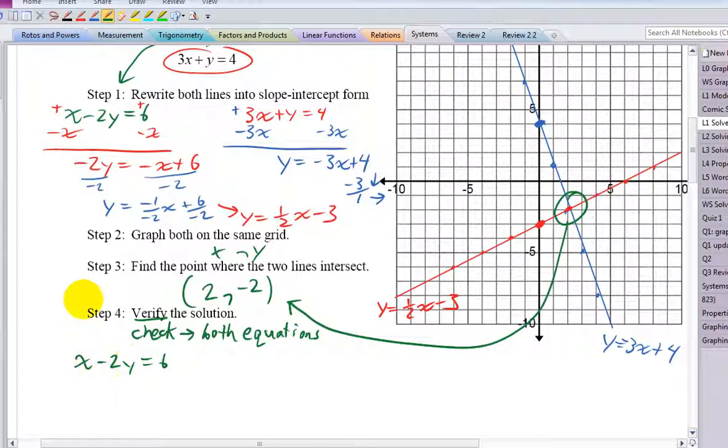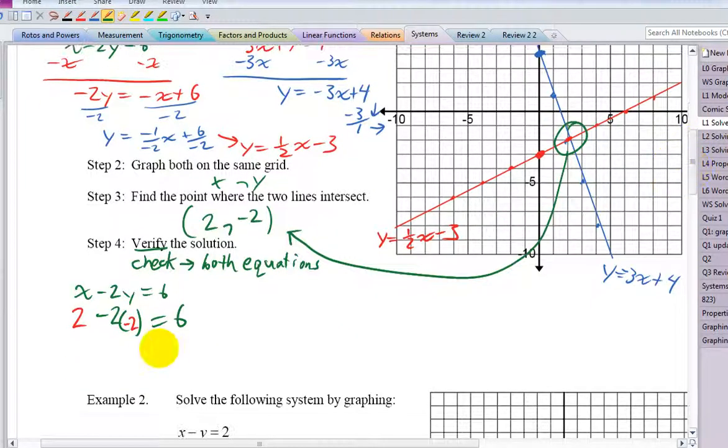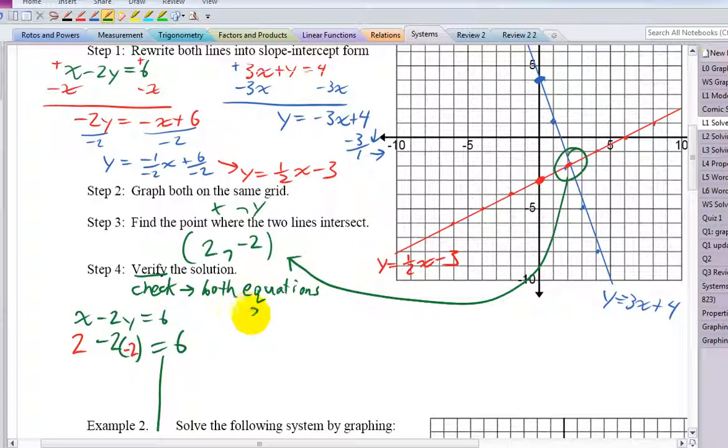So you're going to substitute in 2 for x and negative 2 for y. And then don't forget the great wall of checks, so you can check and see if your left side equals the right side. But you got to do it for the other one as well. And always start with your original in case you made an algebra mistake.